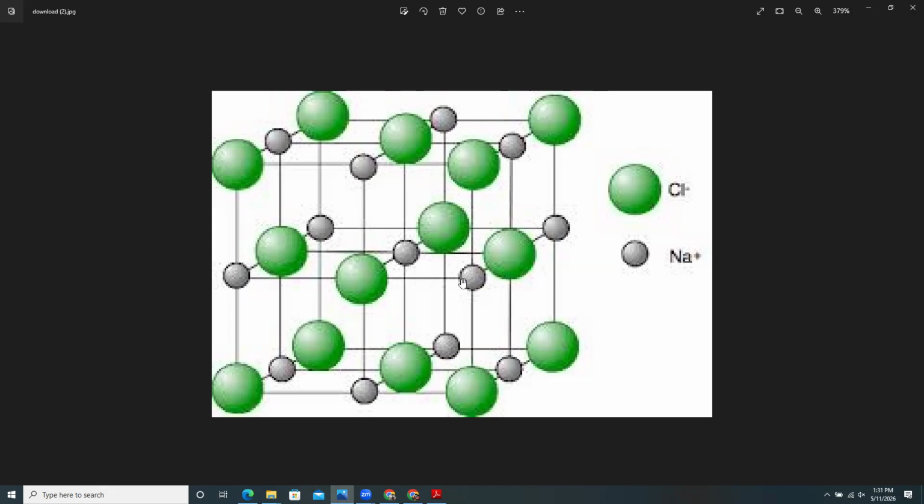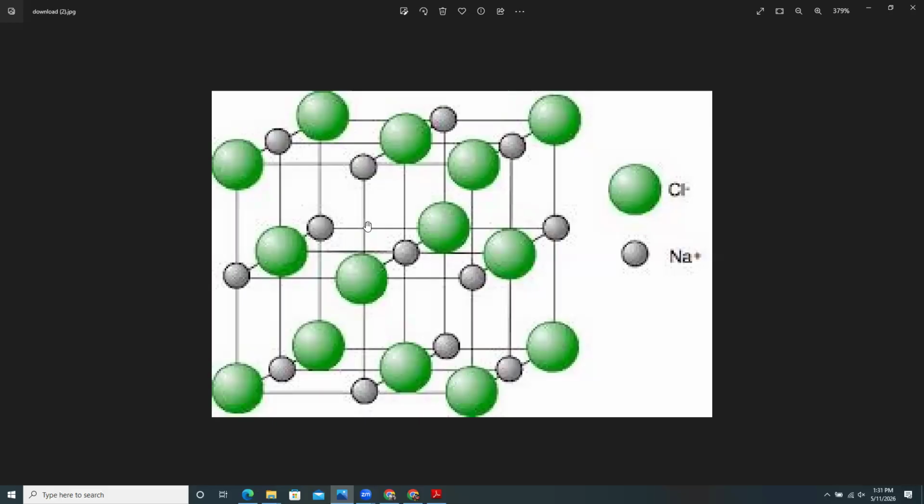Why are we calling it a three-dimensional structure? Because it has a length, a width, and a height. Those are three dimensions. So I take this as a solid because this structure is rigid.